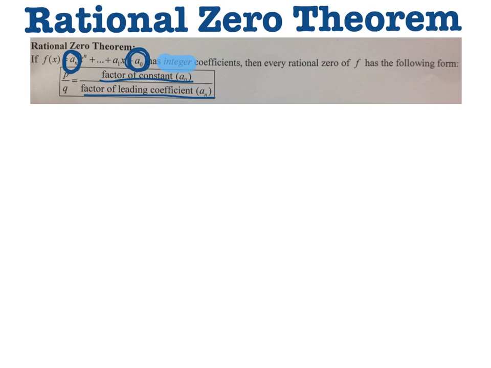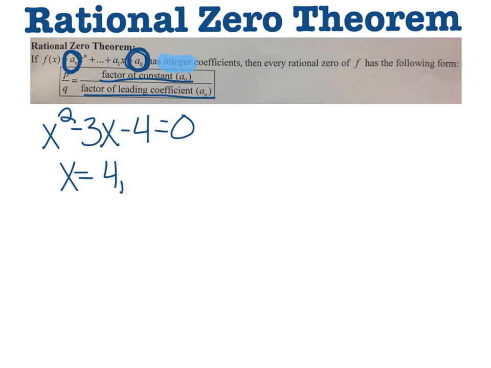So let's look at example 1 that we did a while ago when we solved x squared minus 3x minus 4 equals 0. We found our zeros to be 4 and -1.